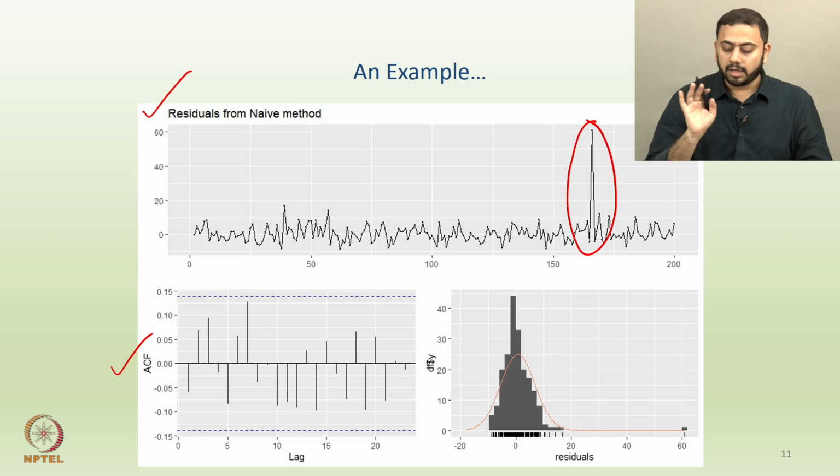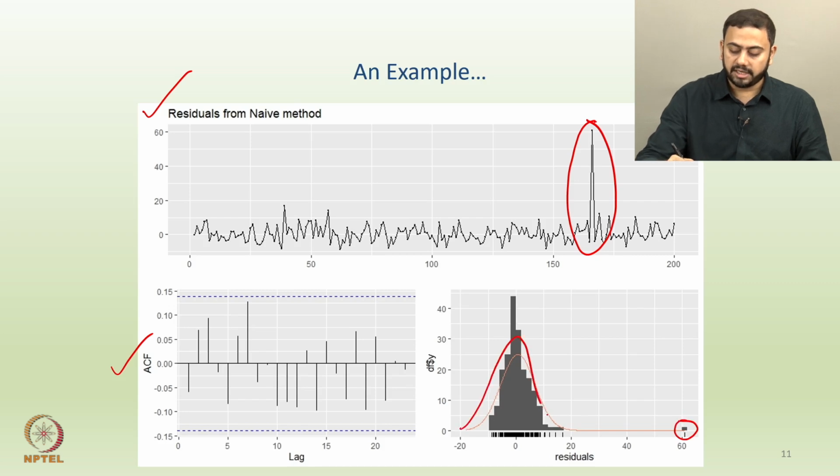Now if you talk about normality, here you see that you have an outlier, but apart from this outlier you have a symmetric curve. This outlier is clearly because of the jump that you see here. If you ignore that outlier completely, then otherwise you have a normal looking structure.